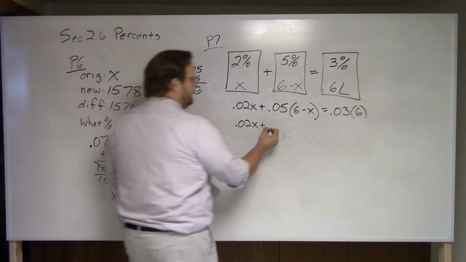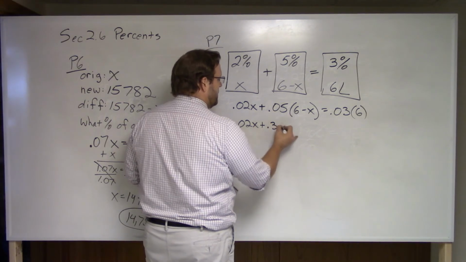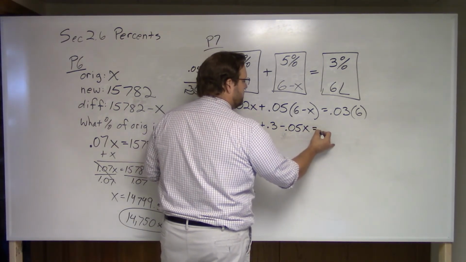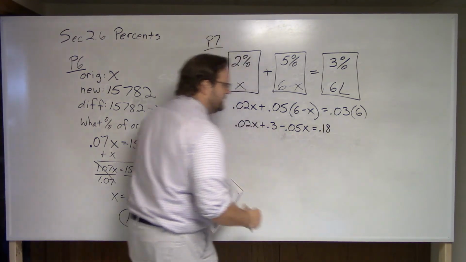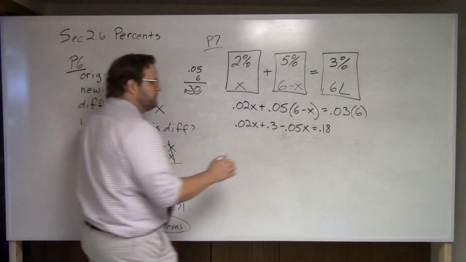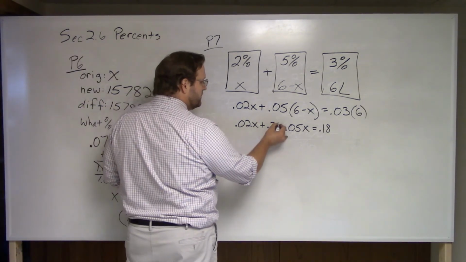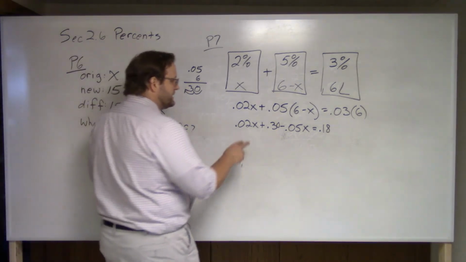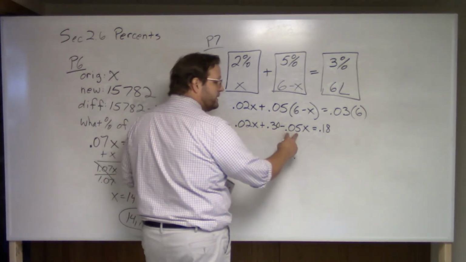So I've got 0.3 minus 0.05x equals 0.18. If it helps, since everything has 2 decimal places, throw that 0 on there. Doesn't hurt anything.